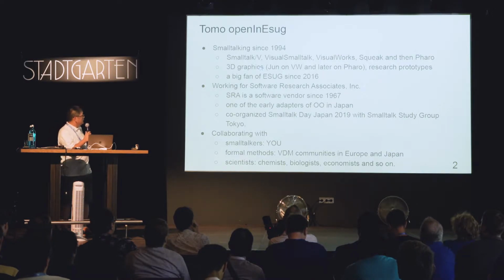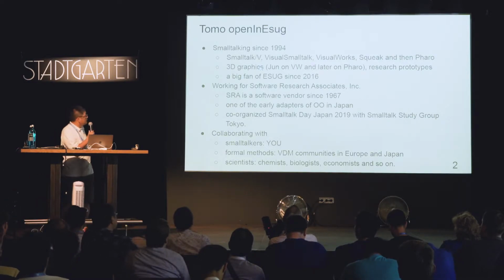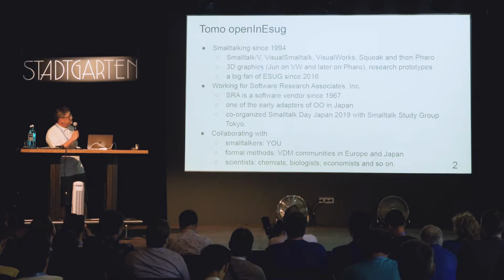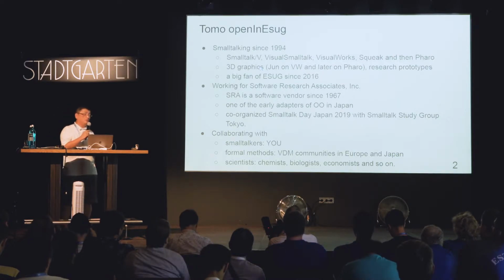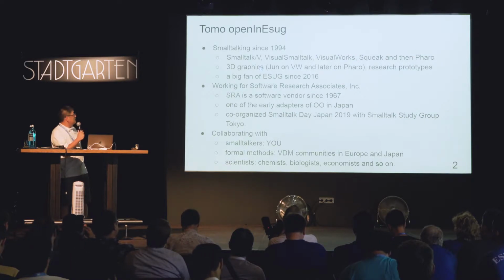I've been developing a 3D graphics library on top of VisualWorks that provides an OpenGL interface. My main job as a programmer is research prototyping, collaborating with researchers at the university.